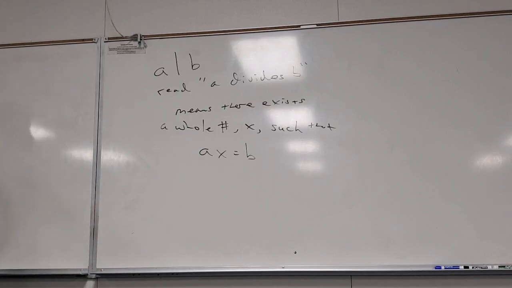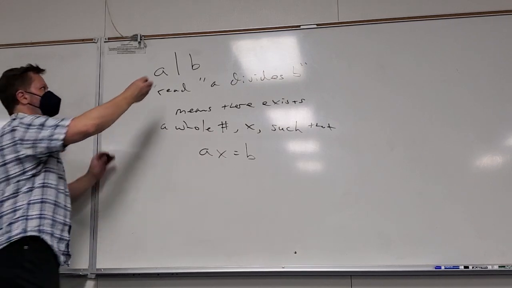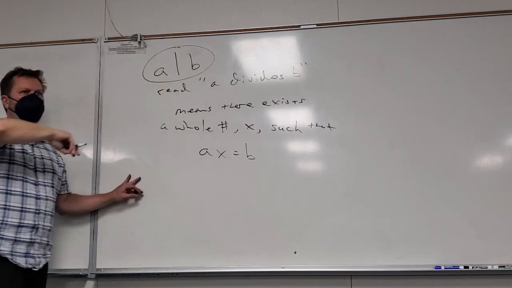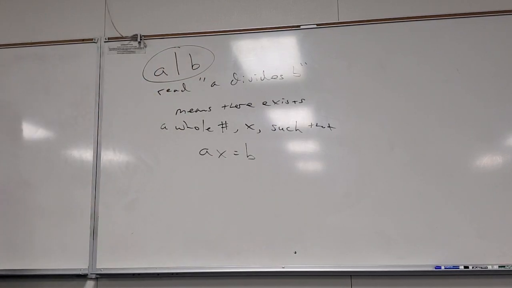It's a number that exists. 4 times 2 is 8. So the main thing there is just the notation. It's not A divided by B. It's not B divided by A. It's A divides B. It's a statement about what something does. It's not a problem to solve.